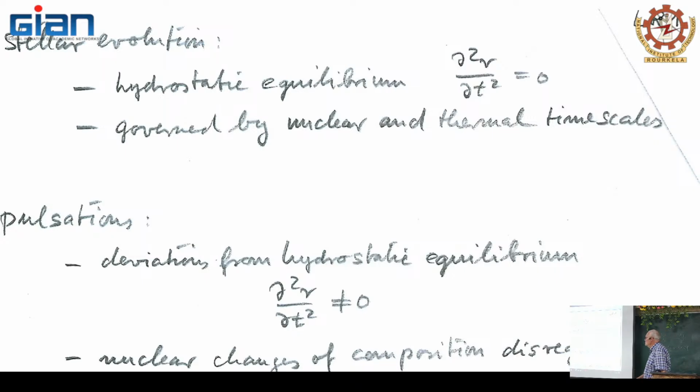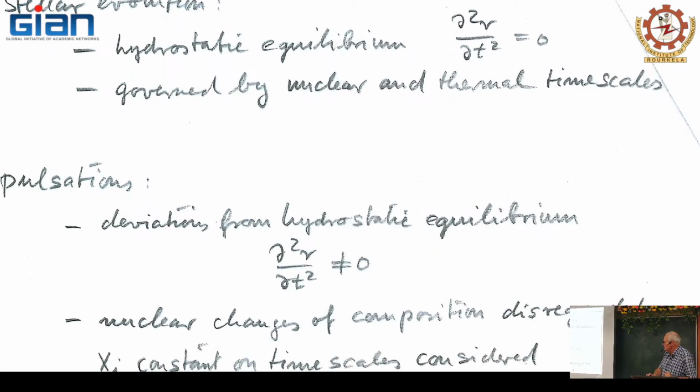Well, the difference between stellar evolution and the pulsations is that for stellar evolution we assume hydrostatic equilibrium, acceleration is 0, and for the pulsations we assume the opposite. The pulsations are characterized by deviations from hydrostatic equilibrium. We have a finite acceleration then.